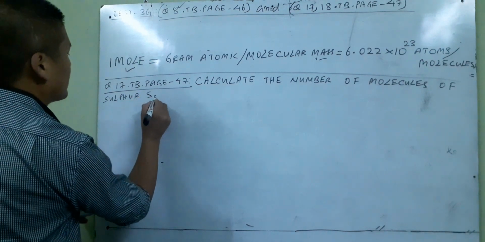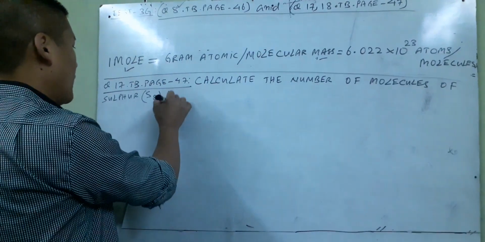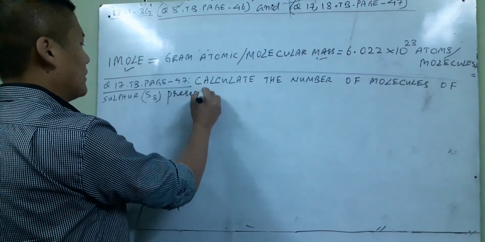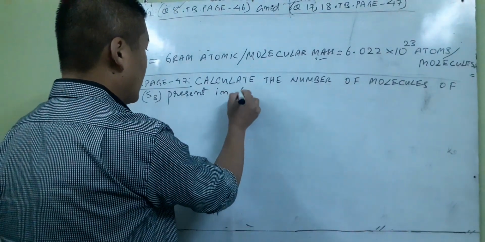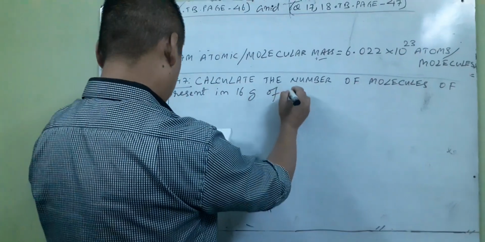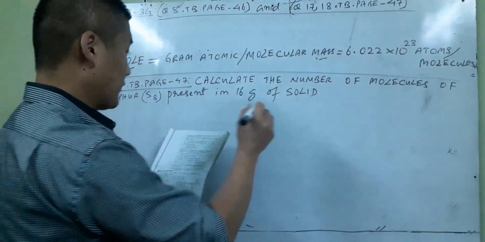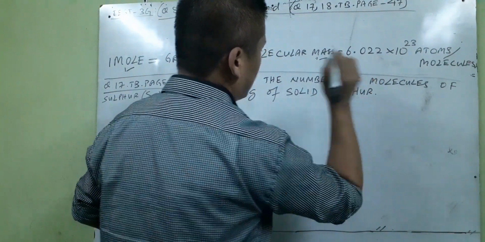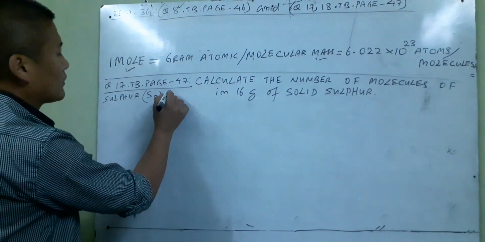Sulfur formula is S8. So there are 8 sulfur atoms. So this is definitely a molecule. More than 1 atom, molecule. There are 8 atoms now present. Okay, present in 16 gram of solid, 16 gram of solid sulfur. This is exactly how the textbook question is on page 47. So let us just follow it closely and do slowly.